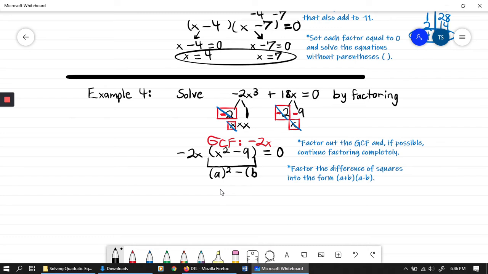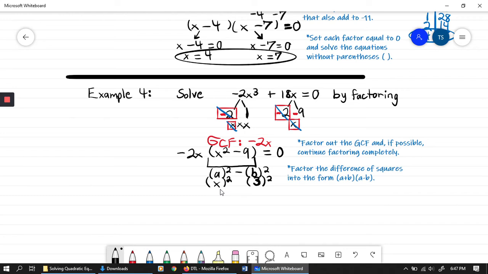And in this form, we can identify what a is, that's x, and we can identify what b is, and that's 3, because 3 squared is what gives us 9, and of course x squared is what gives us x squared. So a is x, b is 3.